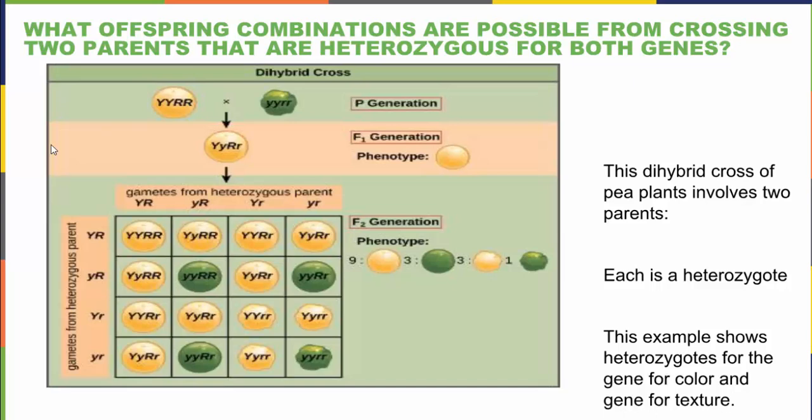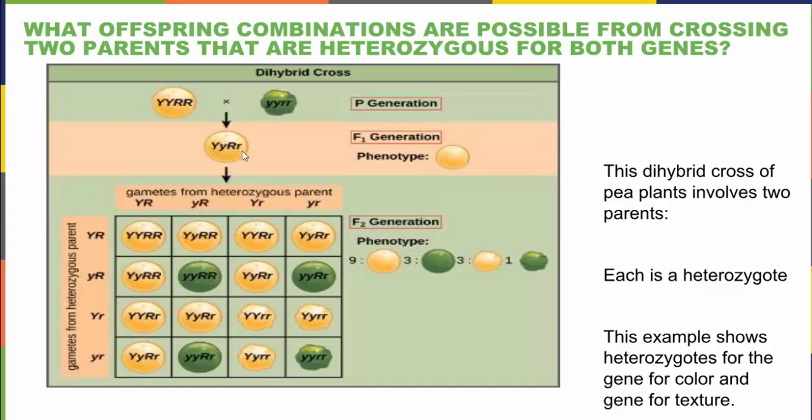Now think about what offspring combinations are possible if you cross 2 parents that are heterozygous for both genes. I was going to say ignore the top, but I'll walk through it real quick. The top here shows a parent that is homozygous dominant for both genes being crossed with a parent that's homozygous recessive for both genes.